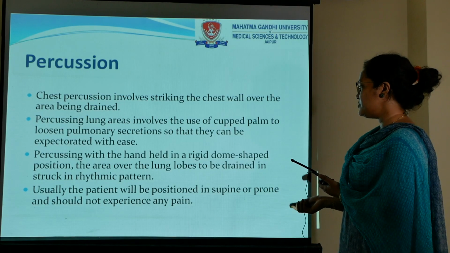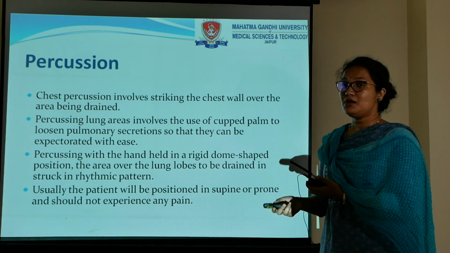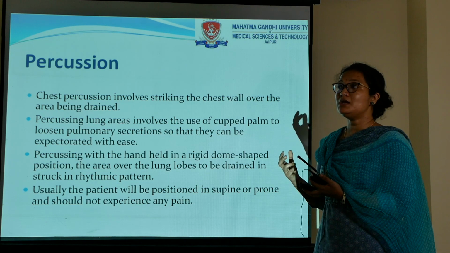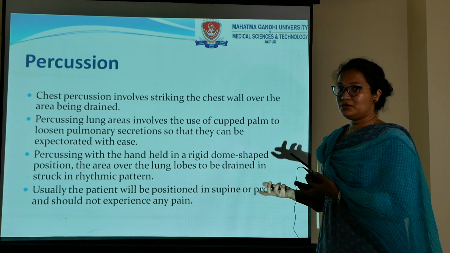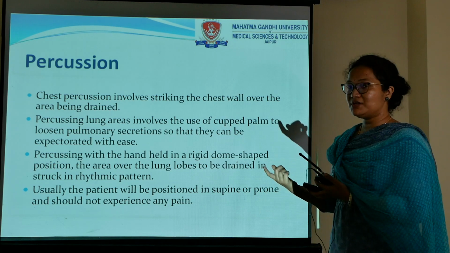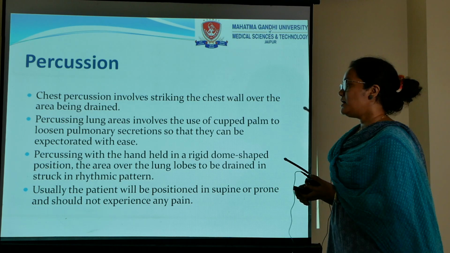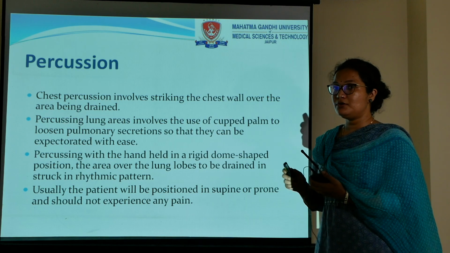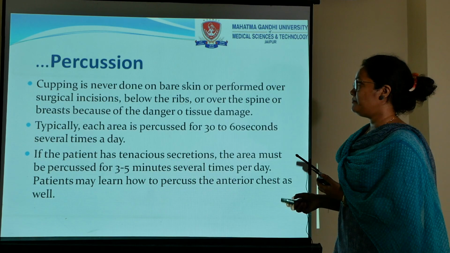Usually the patient will be positioned supine or prone, and should not experience any pain. According to the area we want to drain, we should position the patient either prone, supine or side-lying, and then apply the percussion in a rhythmic manner. We should also ask the patient to tell us if they experience any pain during the percussion.